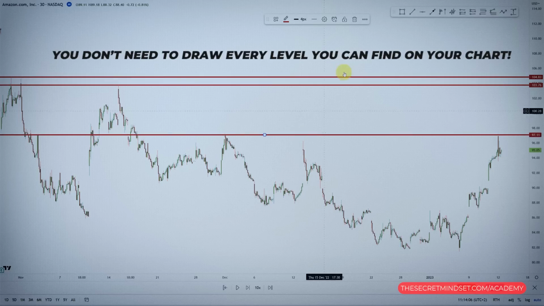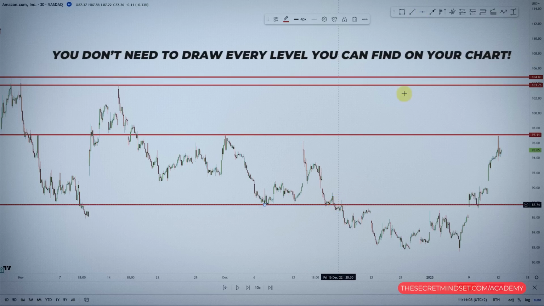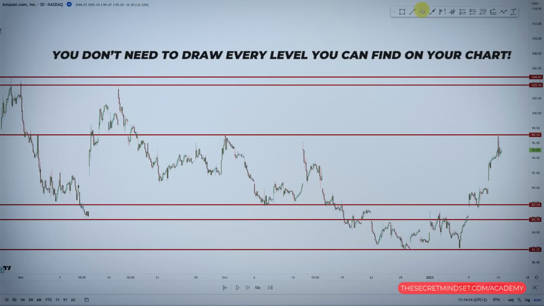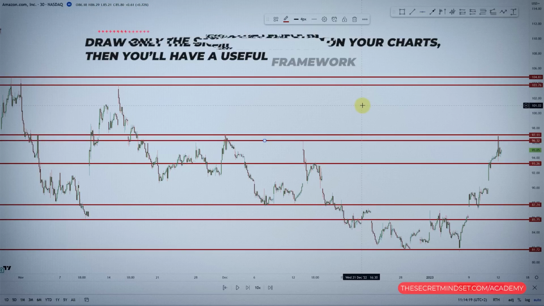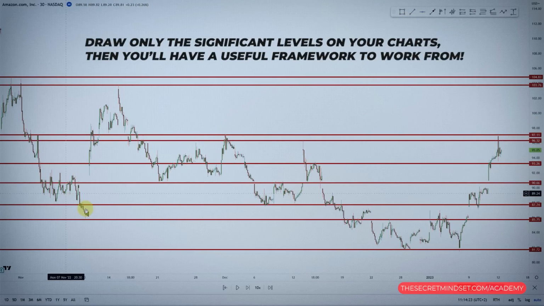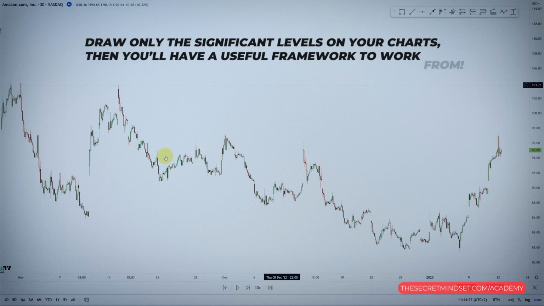Many traders fall into this trap, and they end up taking too long to draw on every little level they can find. What they end up with is a really messy chart that basically does more harm than good. You need to learn to draw only the significant levels on your charts. Then you'll have a useful framework to work from.